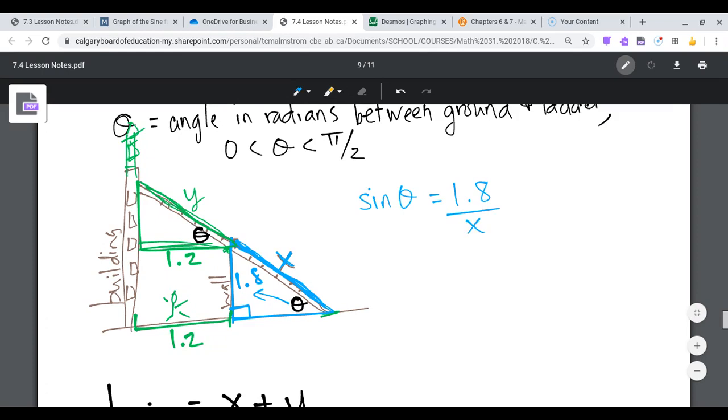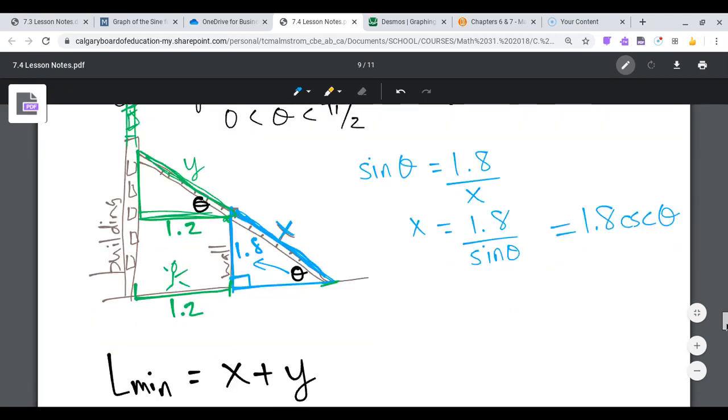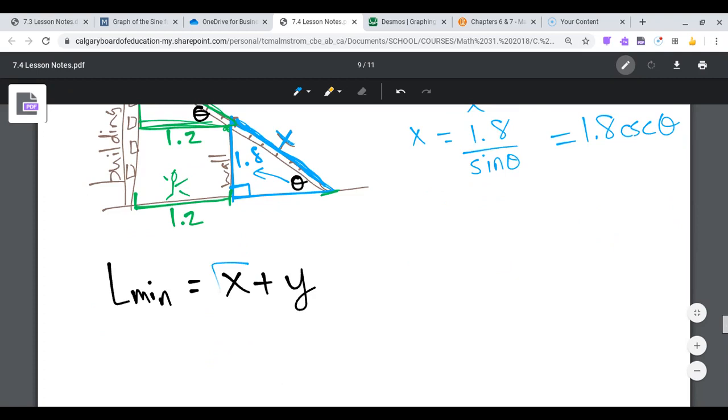And for my length formula that I'm trying to build, I need it to say x is equal to. So when I rearrange this, I would get that x is equal to 1.8 over sine theta. Well, another way to write that would be 1.8 cosecant theta. So that's what I'm going to use for x. I'm going to use 1.8 cosecant theta.